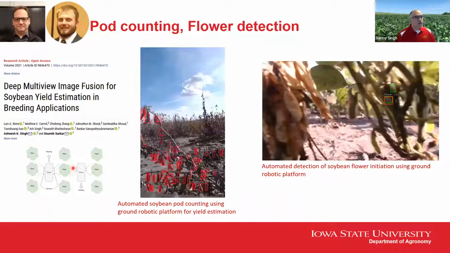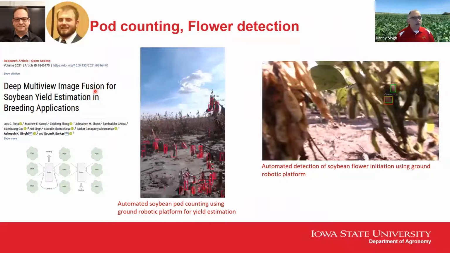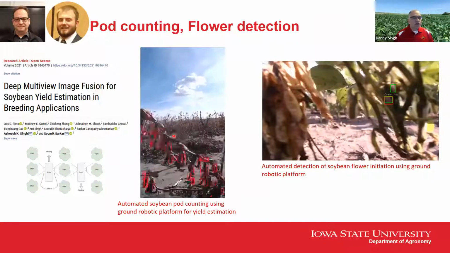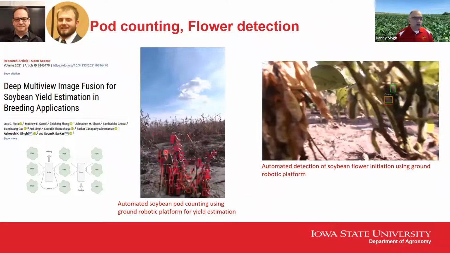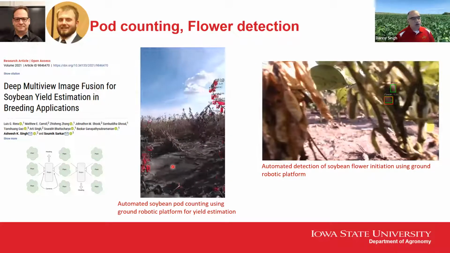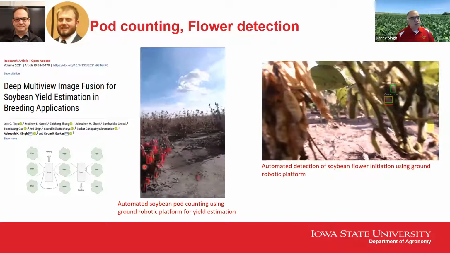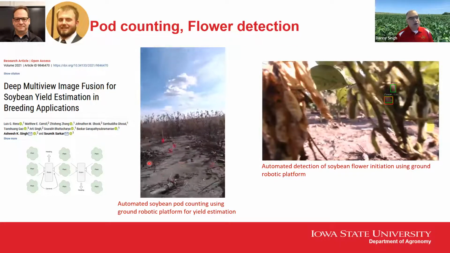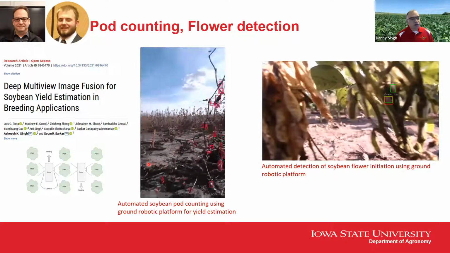This first example is a paper that got published last year. It is a work of Luis and Matt from our group. In this particular paper, they focused on a yield-related trait, particularly utilization of videos to extract features related to the pods of soybean, running in this automated robotic platform to be able to separate out these pods, leading to estimation of soybean yield.